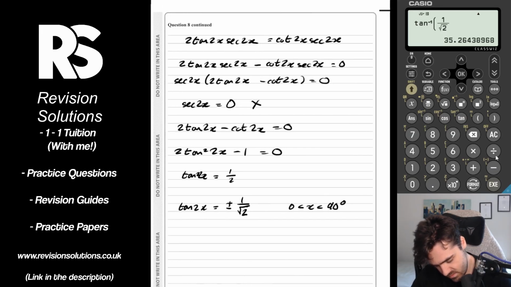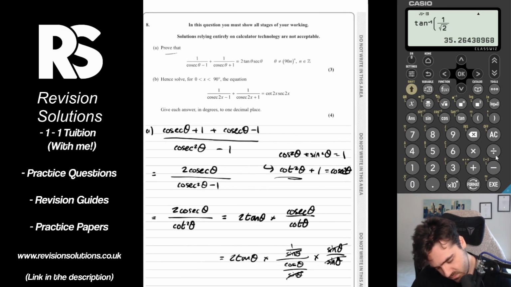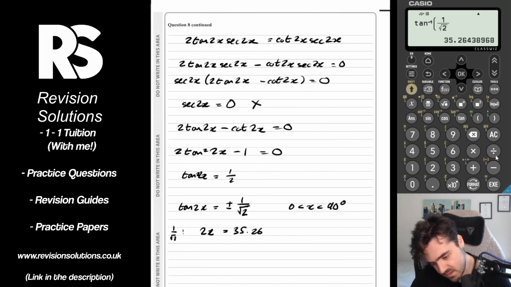So for the positive 1 over root 2, we're going to get 2x equals 35.26. What do they want the rounding for? To 1 decimal place. So let's call it 35.3 degrees. Actually, sorry, let's keep it unrounded because I haven't divided yet.